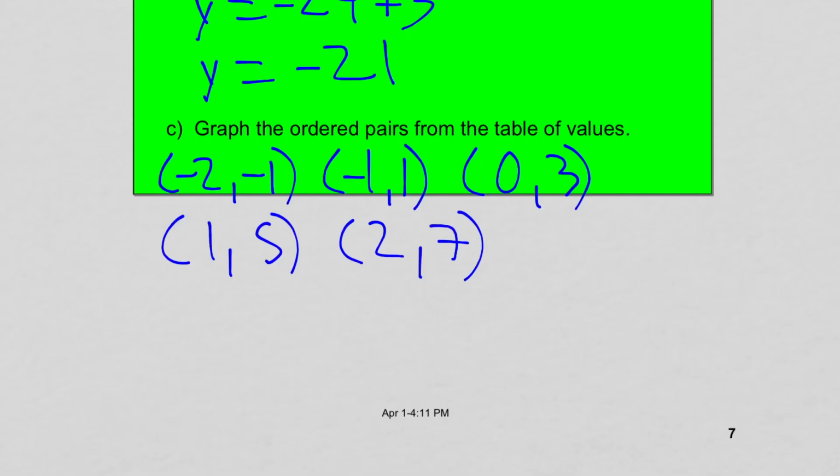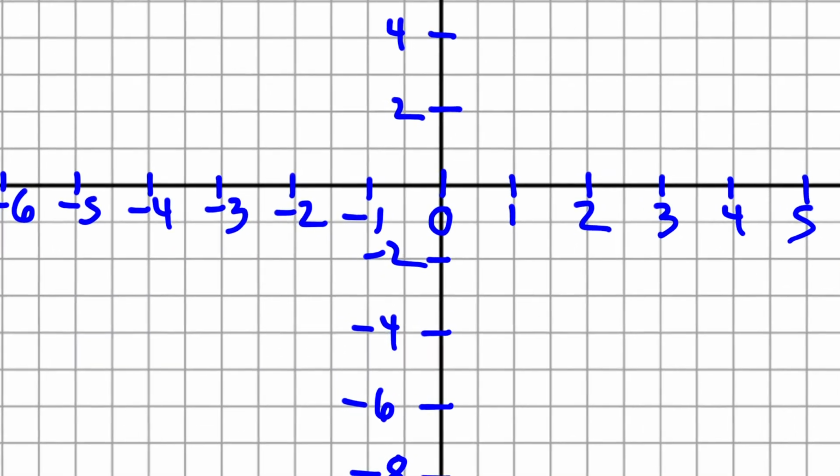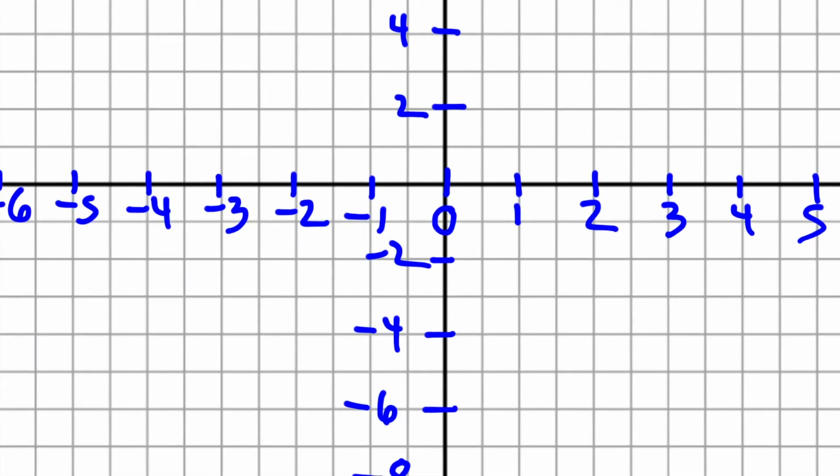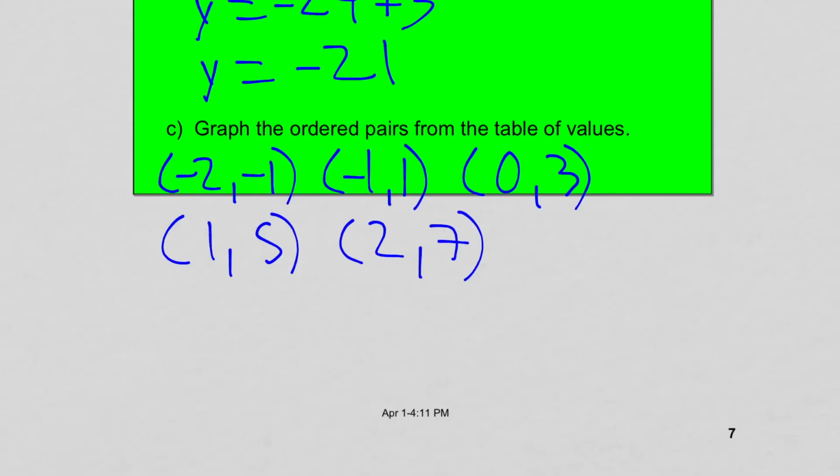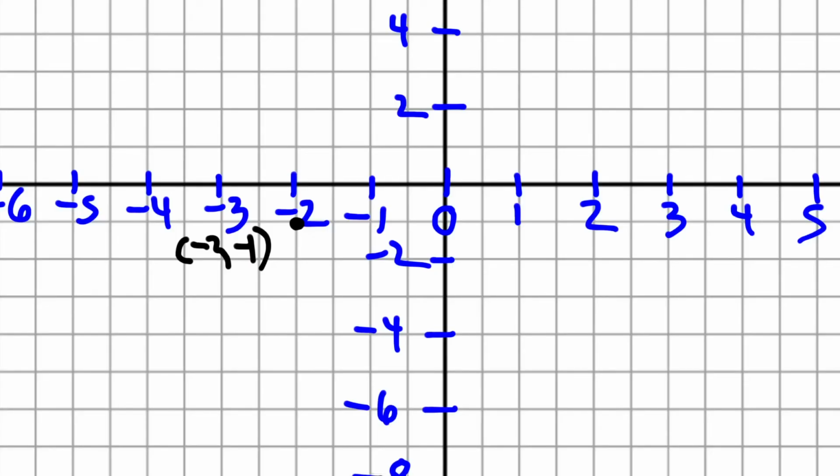Okay, and my first ordered pair was negative 2, negative 1. On the x-axis, I'll go across negative 2 and down to negative 1, and put my point right there. That's negative 2, negative 1. The next point was negative 1, 1. So I'm going to go across negative 1 and then up 1 on the y-axis. There's my negative 1, 1.